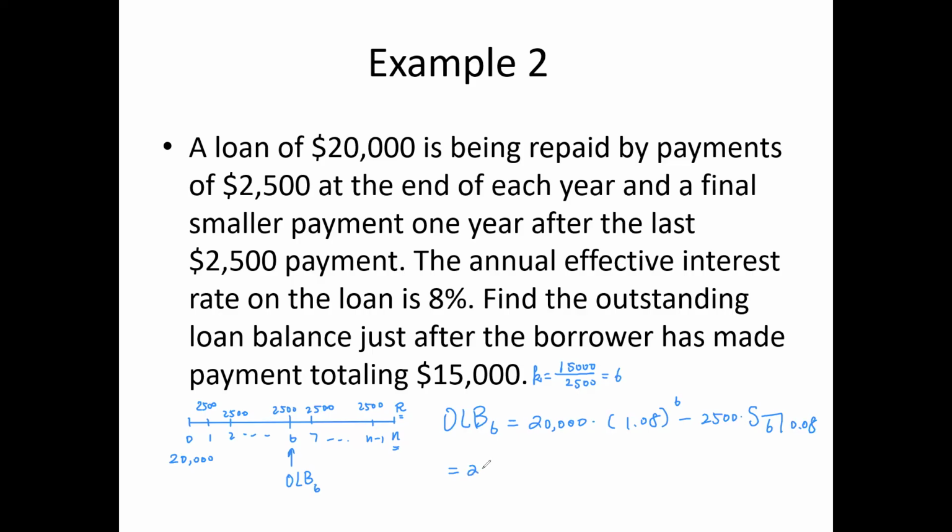So that is 20,000 times 1.08 to the 6 minus 2,500 times 1.08 to the 6 minus 1 over 0.08.